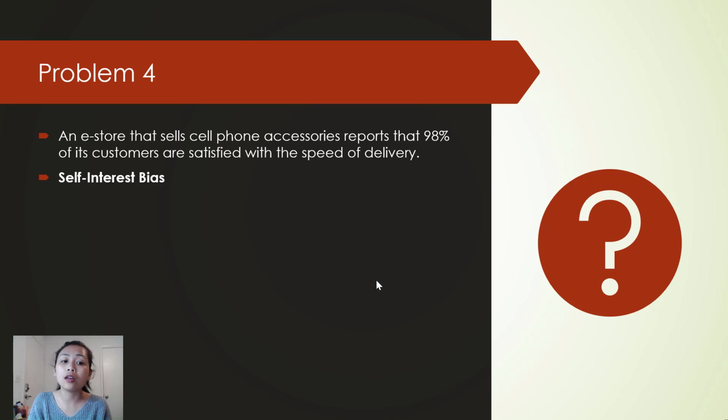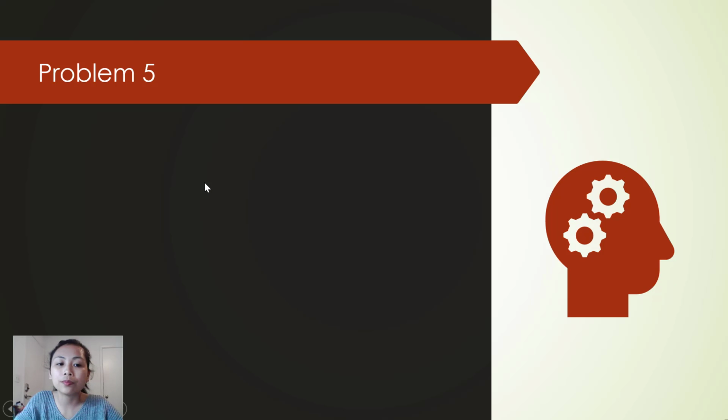Remember, this is different from voluntary response bias because the reports were made by the company. Usually the company tends to make a positive report for their products. So that's why this is a self-interest bias.